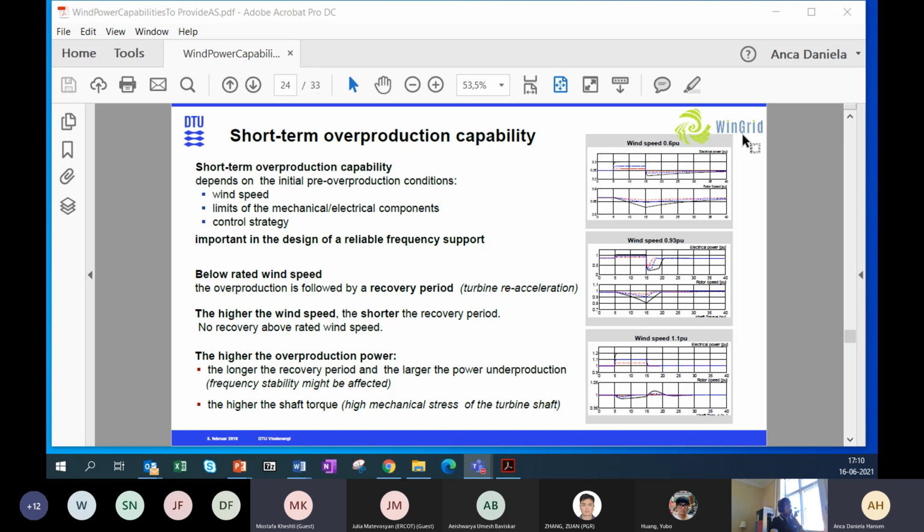Yes, it is quite a complex question. This recovery, as you can see here, is mainly at low wind speeds and also medium wind speeds, and it is right that the longer recovery period can actually have a big impact on power system stability as well.